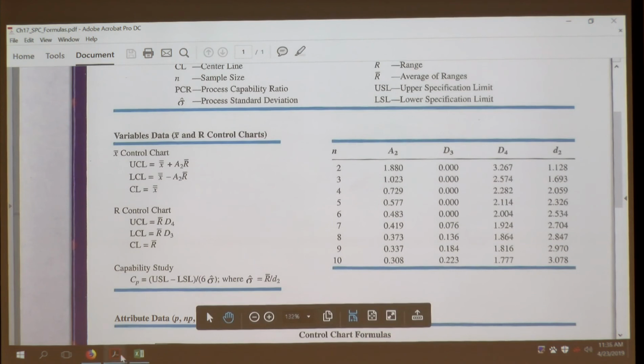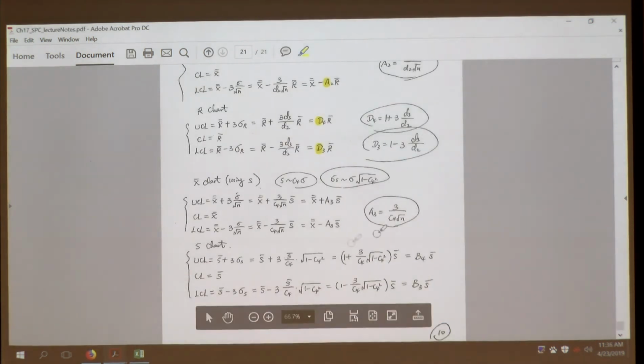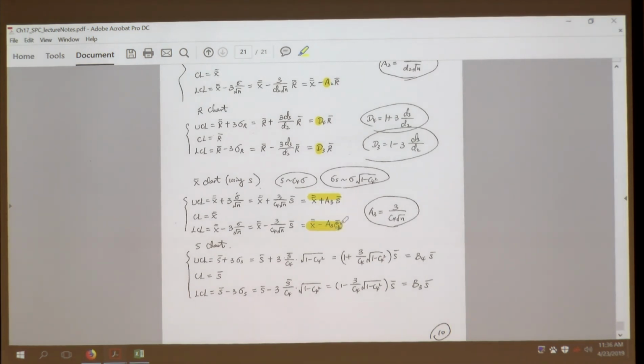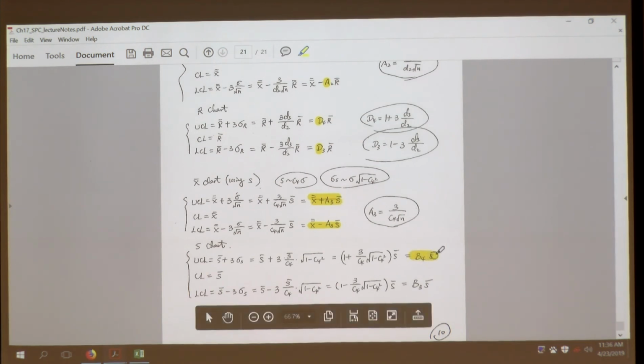And if we want to do the X bar S control chart, what we need is this, and also B3 and B4, and this is my center line.